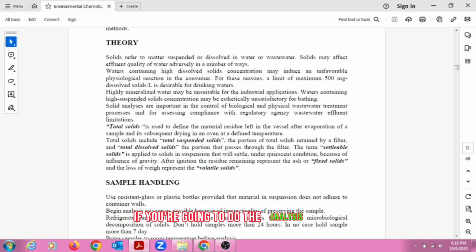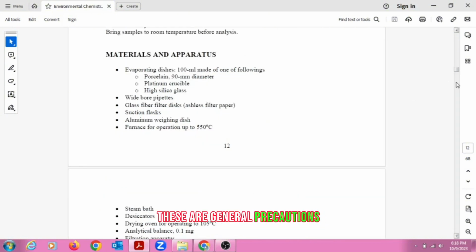If you are going to do the analysis today, it should be stored a day before to minimize microbiological decomposition of solids. You should not hold the sample more than 24 hours. In case you hold it for more than 7 days, you have to make sure that you bring the samples to room temperature. These are general precautions for doing any kind of analysis, even if you are doing pH or turbidity or whatever kind of analysis in the water samples.